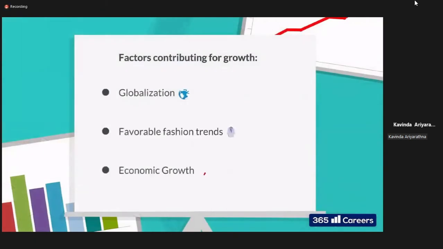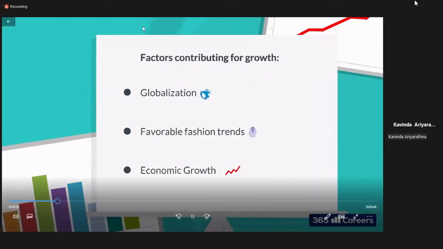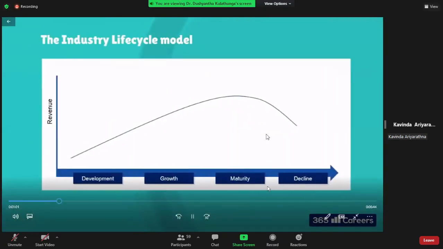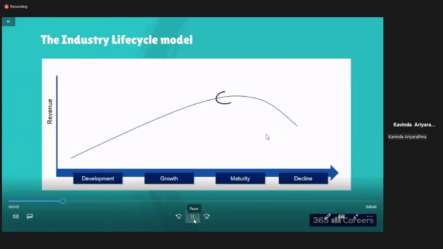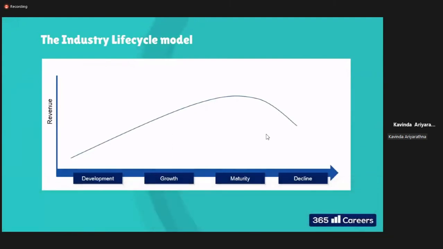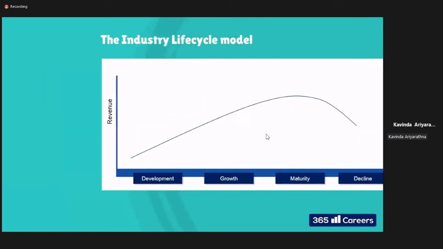Globalization, economic growth, and favorable fashion and style trends play a positive role in the current growth the market is experiencing. So, if we imagine the industry life cycle graph we saw earlier, the industry is in this phase right here, where the market is still increasing, but the industry is in its mature phase and the companies in it are profitable and generate stable cash flows. The pie is still growing, and most companies are happy.